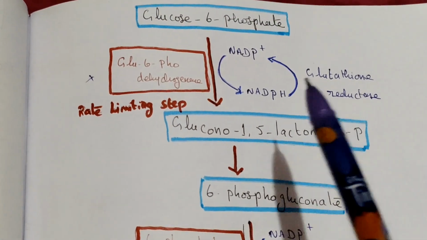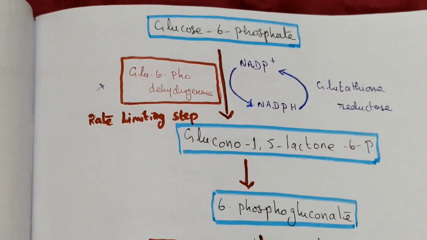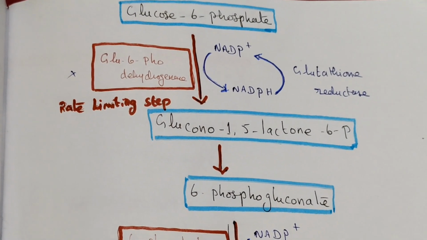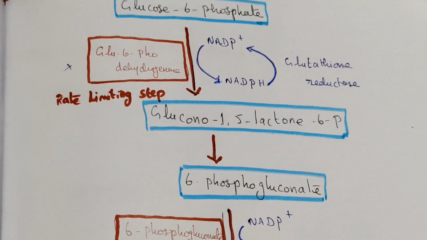Here, what is the problem? Because of the deficiency of the enzyme, the NADPH level decreases. Because of this, the reactive oxygen species level increases, so it will cause damage to the RBC.